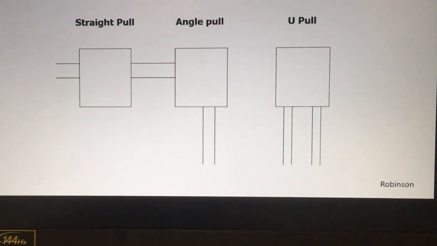We have a straight pull. Now the straight pull is a pull that enters one end of a box and exits the opposite end. It doesn't have to be in line.